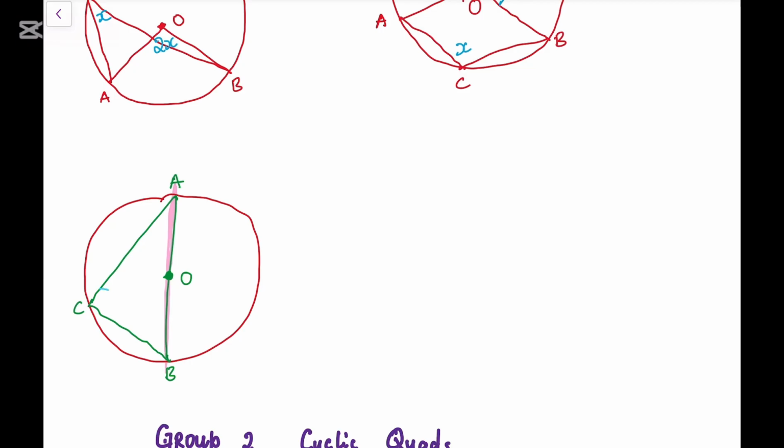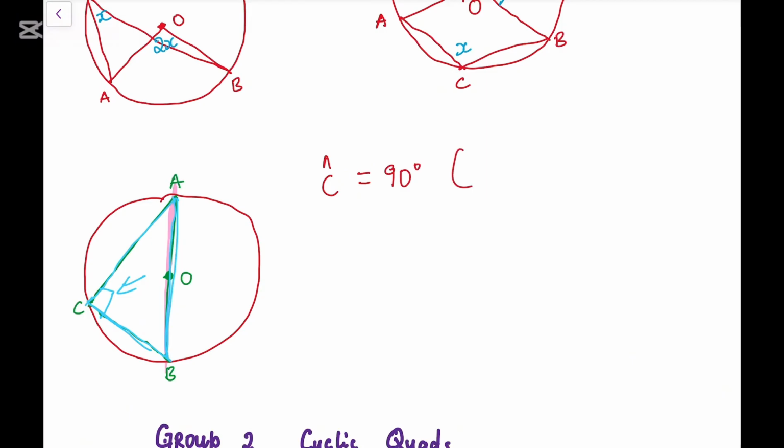So this angle here, as long as it is subtended by diameter, you can see a diameter here. So it is subtending angle C, and this angle here is always equal to 90 degrees. So we say the minute there is a diameter, you know the angle subtended by that diameter is 90. We say angle C is equal to 90 degrees.